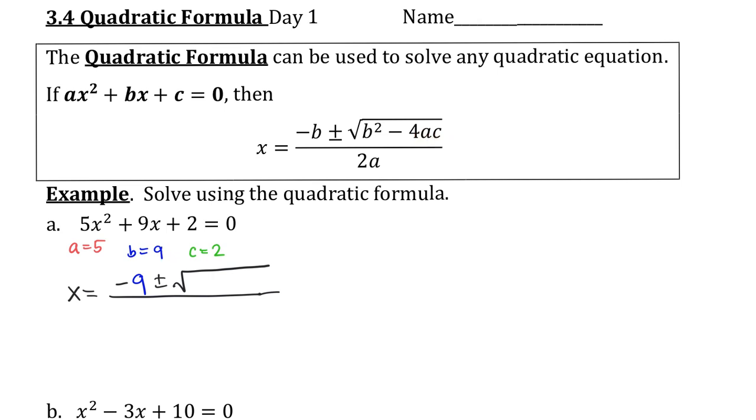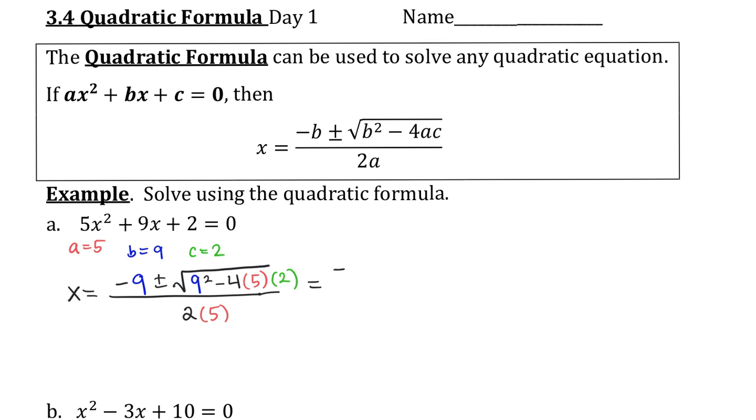So b squared minus 4a. A is 5. C. Okay, the fraction extends the whole way, and at the bottom there's 2 times a. 2 times a, what's a? A is 5. Okay, let's simplify this.